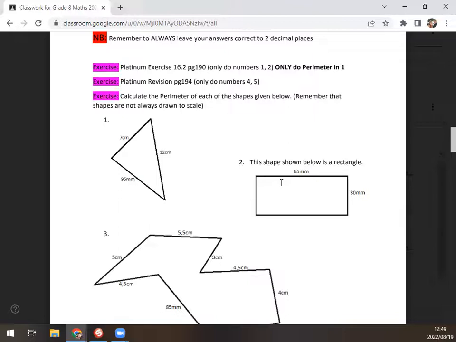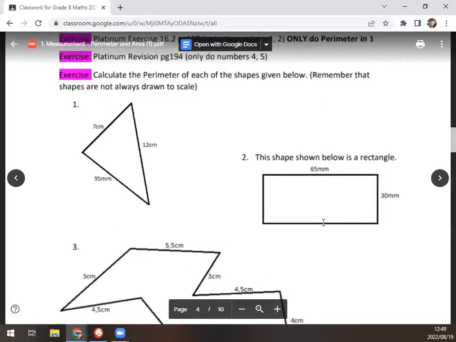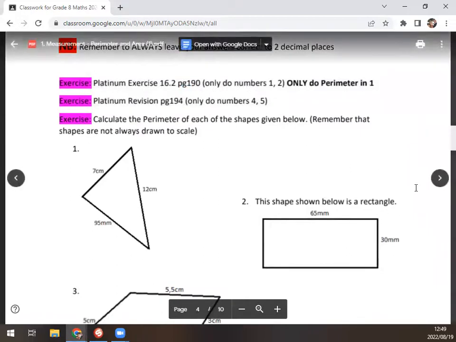And it's important that you follow the instructions that they are saying there. Perfect.